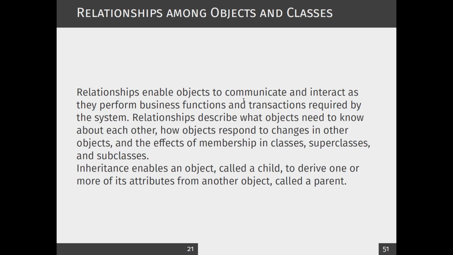You can also use them to show the memberships of superclasses and subclasses. The term inheritance, which I have already discussed earlier, means a child derives one or more attributes from another object called the parent. So the idea of inheritance is that we can get all its attributes as well as methods from another object.